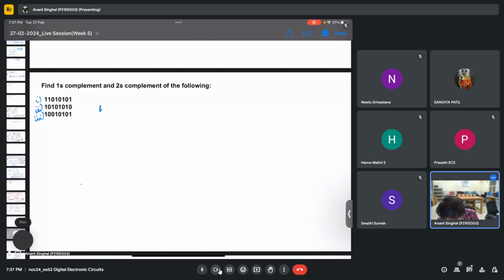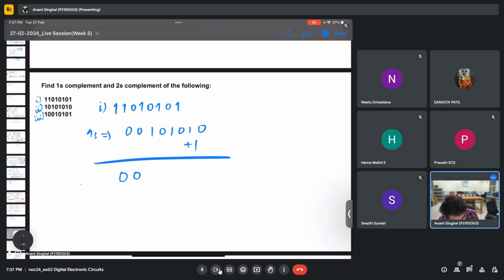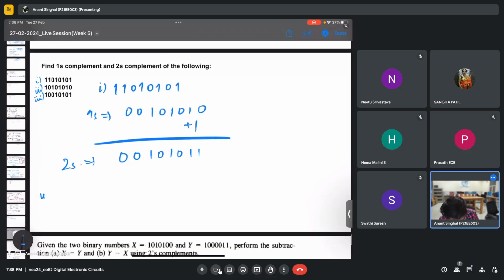So the first part is 1 1 0 1 0 1 0 1. The one's complement, I'm writing directly: 0 0 1 0 1 0 1 0. Two's complement will be plus one of that. So this is the first part. Similarly, the second part is 1 0 1 0 1 0 1 0. The one's complement will be 0 1 0 1 0 1 0 1, and the two's complement will be 1 0 0 1.